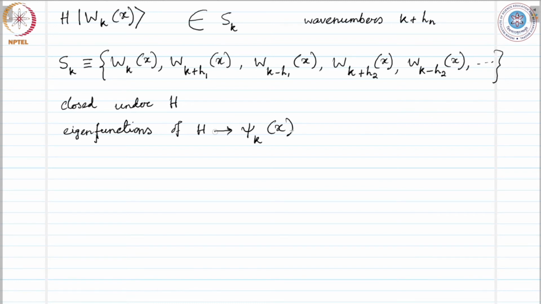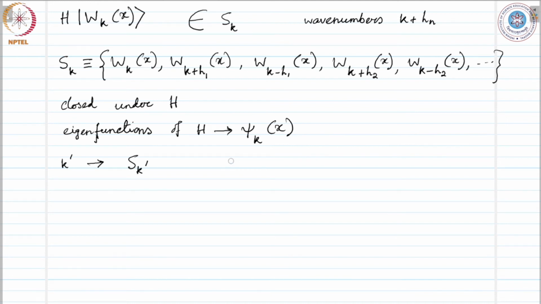So now if we consider another wave number k prime, the corresponding subspace would be Sk prime. Sk prime is different from Sk, it's not related to Sk, it will have completely different elements, provided k and k prime are not related by integer multiples of twice pi over a.